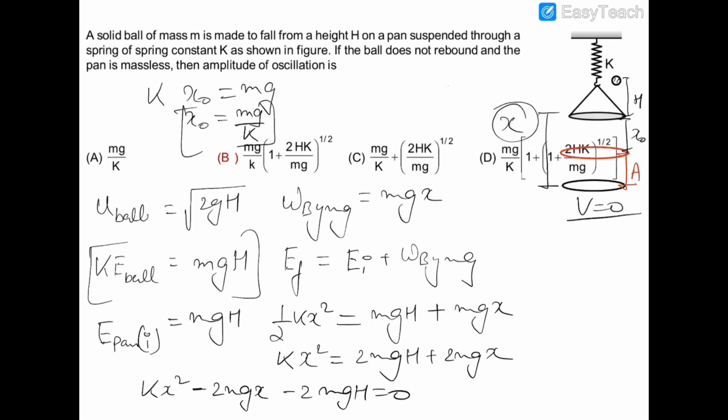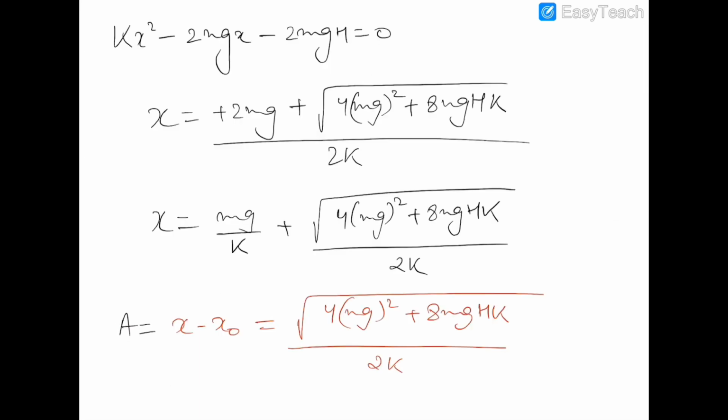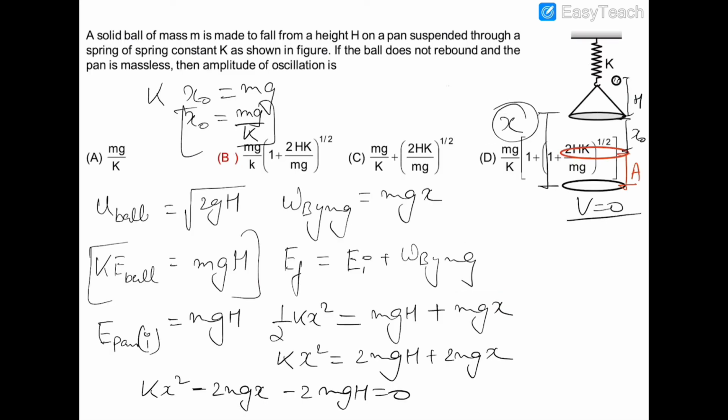If we take mg common and cancel the 2 with 2, we have taken 4mg square common, so it would be mg by k into 1 plus 2hk by mg, to the power 1 by 2. So the correct option would be option B.